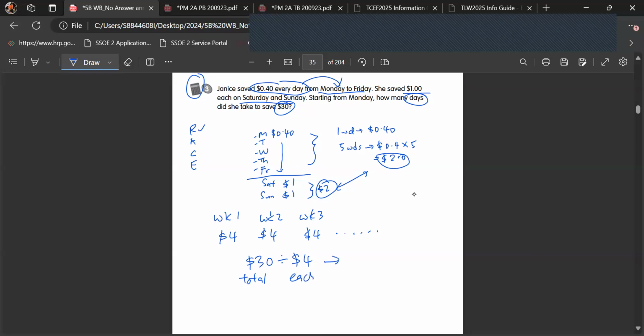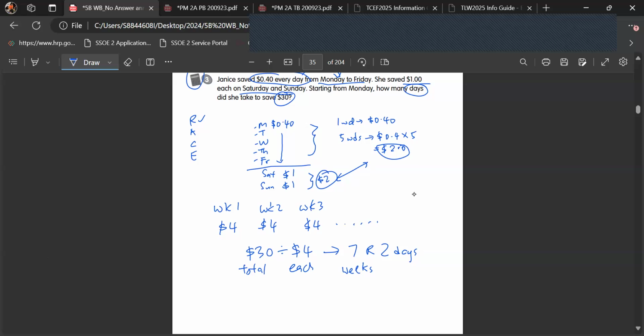That will give me 7, remainder 2. So it will be 7 weeks and 2 days.